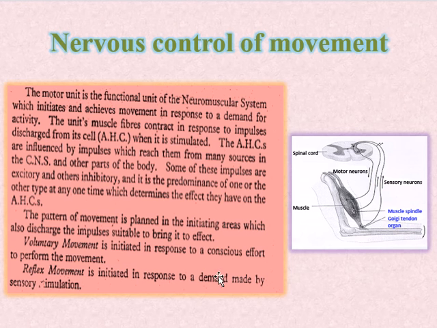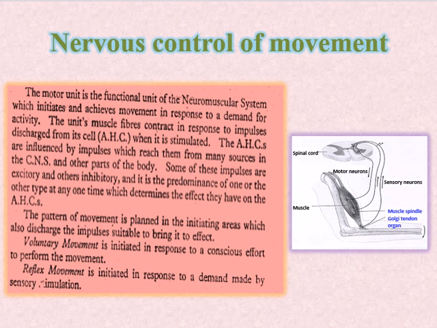Now, what is voluntary movement? Voluntary movement is initiated in response to a conscious effort to perform movements that are under one's control, and reflex movements are initiated in response to demands made by sensory stimulation. Reflex movement is basically involuntary, not under our control.